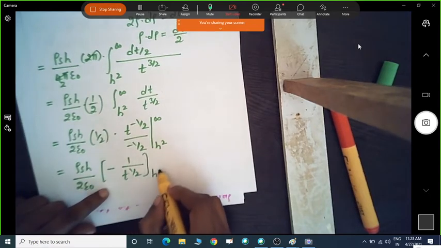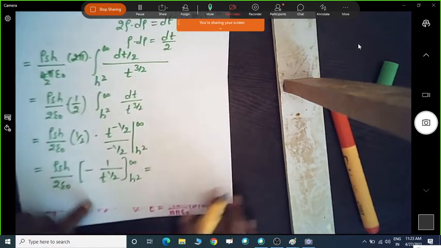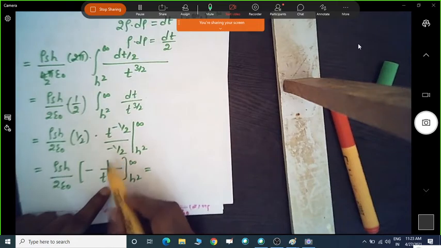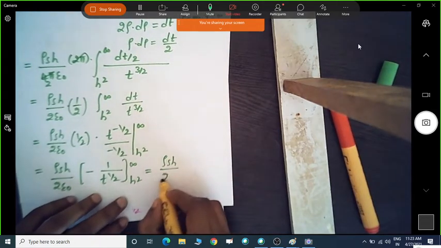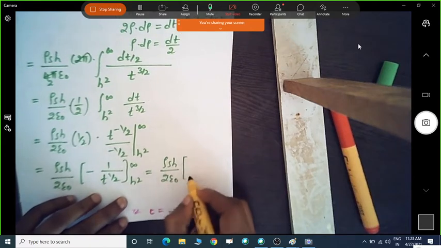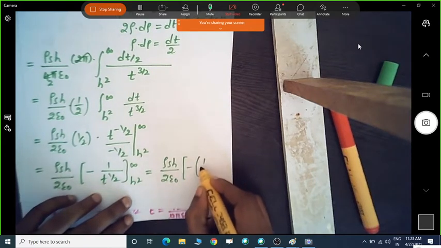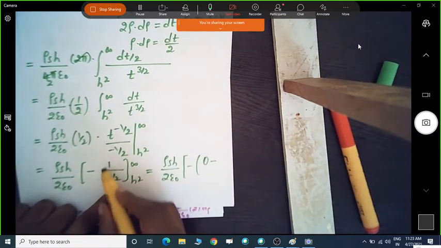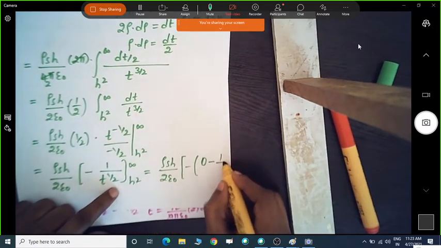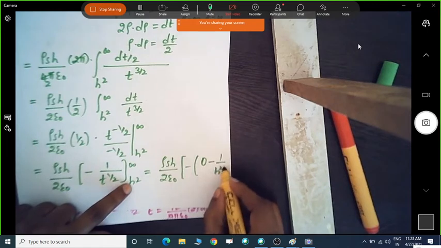And if I substitute h square, it will become 1 over h square power half.